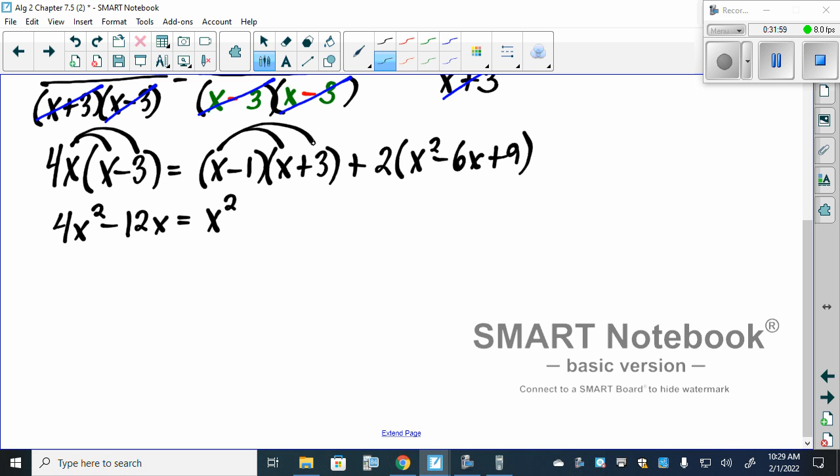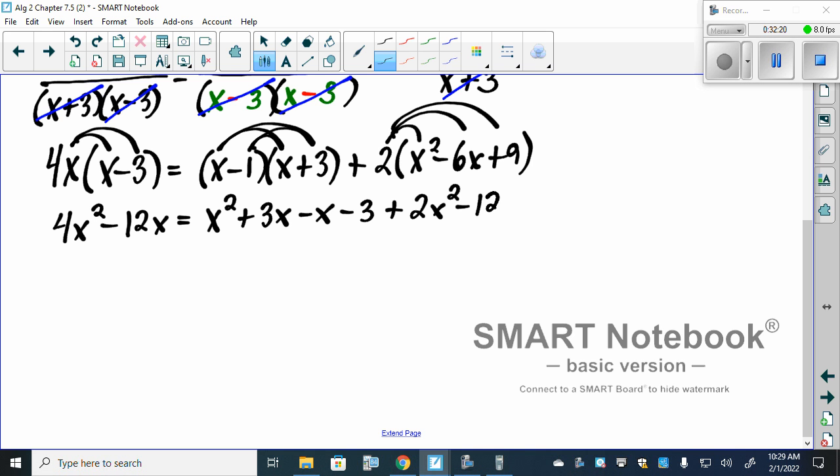X times 3 is going to be plus 3x. Negative 1 times x is negative x, and negative 1 times 3 is negative 3. We have to multiply the 2. 2 times x squared is 2x squared. 2 times negative 6x is negative 12x. And 2 times 9 is plus 18.